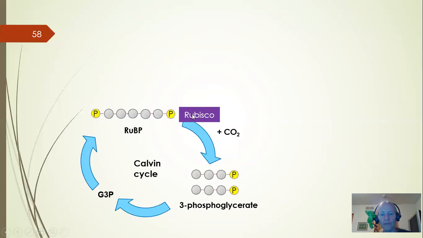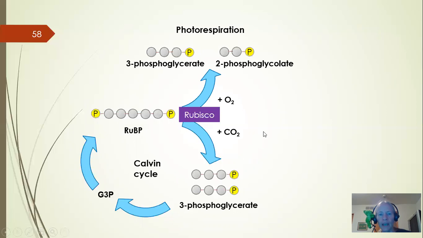But if Rubisco, instead of carboxylating RUBP, instead oxygenates RUBP, then instead of getting 2 phosphoglycerates, we get 1 phosphoglycerate and 1 2-phosphoglycolate, a 2-carbon molecule.